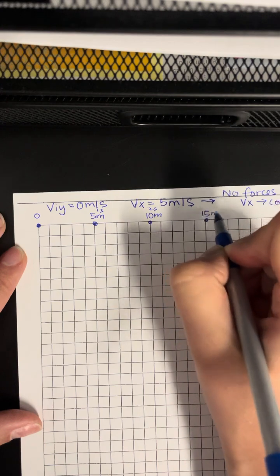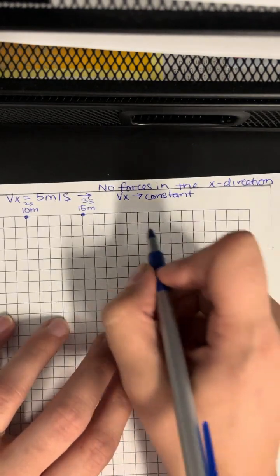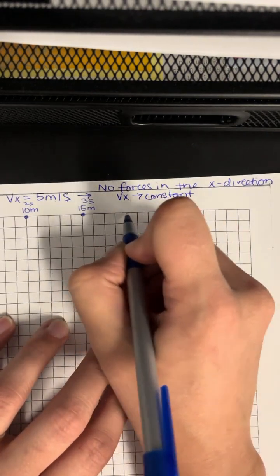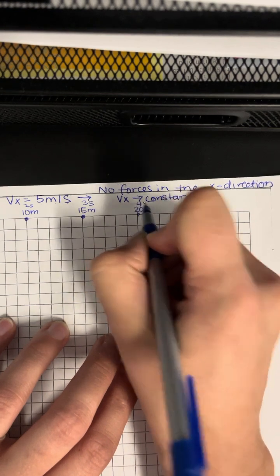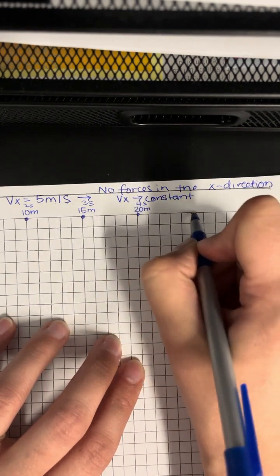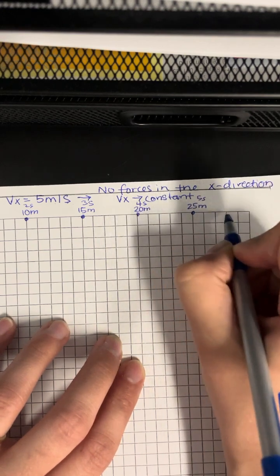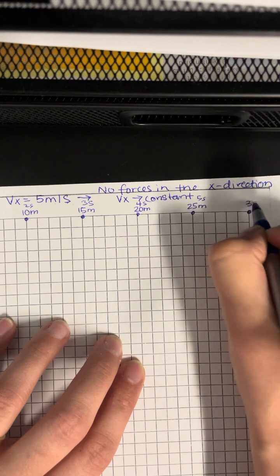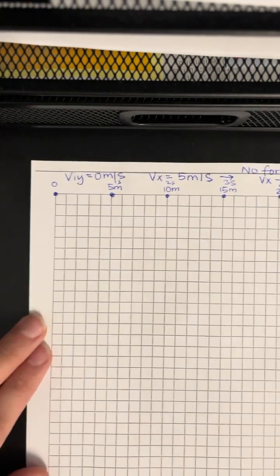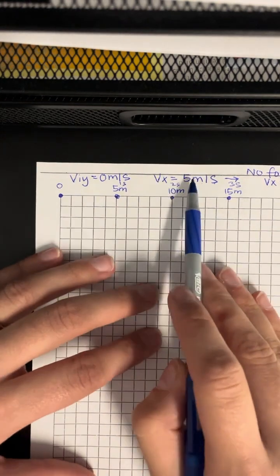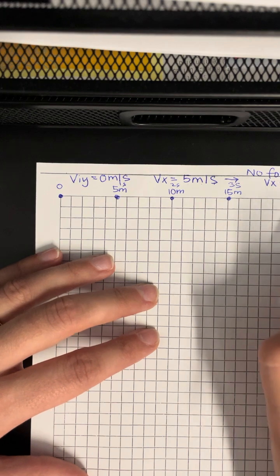This is 15 meters in 3 seconds, and so on. We're going to go all the way up to 6 seconds. Okay, so that's the x. Every second it moves 5 meters because we have a constant velocity.